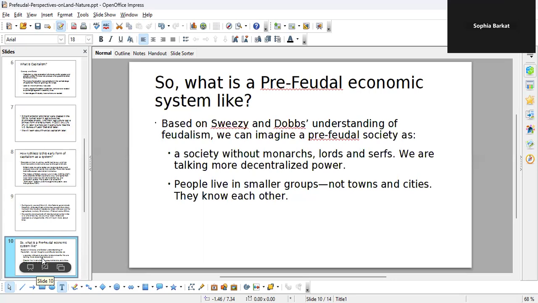So, how is this possible in large groups of people? Maybe these are smaller groups of people, not large towns, not cities. Maybe these are smaller, but who knows? These are some things to think about.